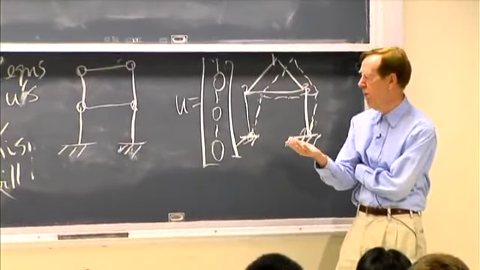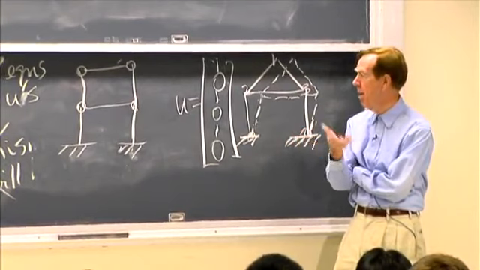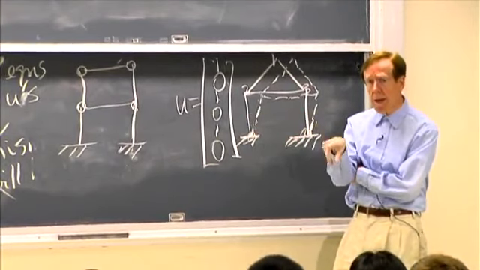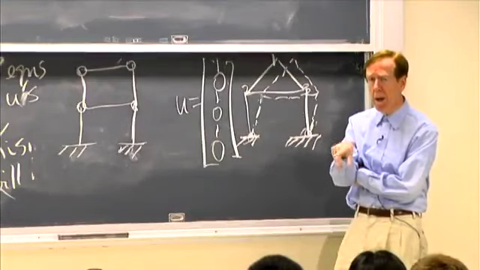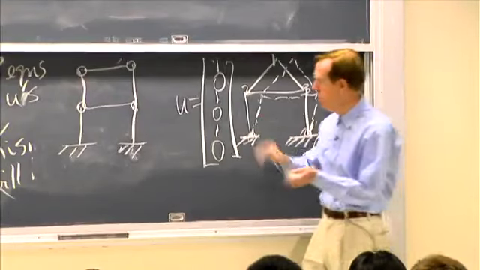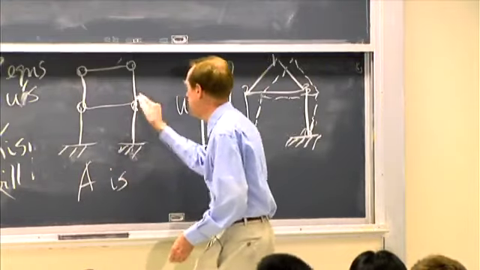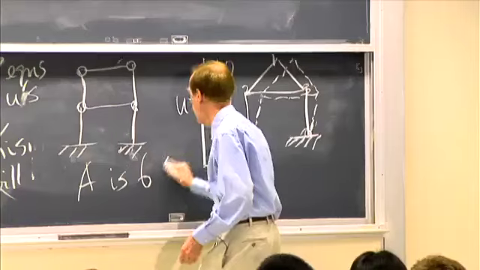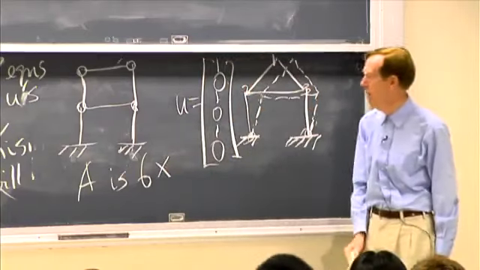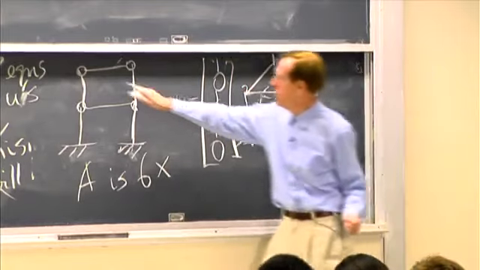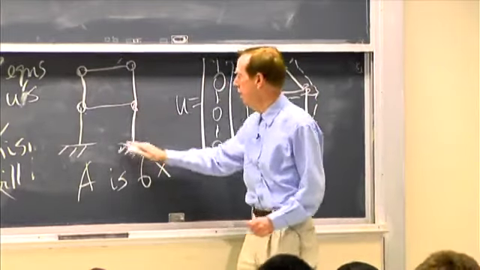Tell me the count first. What is M, the number of bars? 6. What is n, the number of unknowns? What's the shape of my matrix here? A has 6 bars, and how many unknowns? 8, right? 2 here, 2, 2, 2, none here.